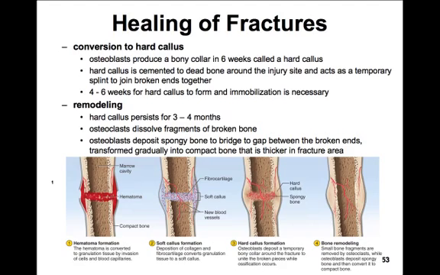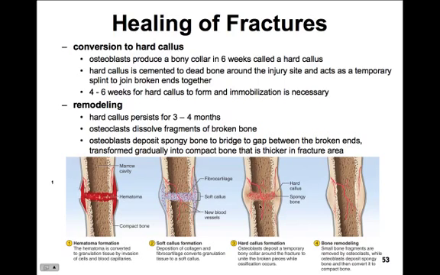This hard callus is cemented to the dead bone around the injury site and acts as a temporary splint to join the broken ends together. This hard callus formation happens in about 4 to 6 weeks, and immobilization is necessary to allow it to form.